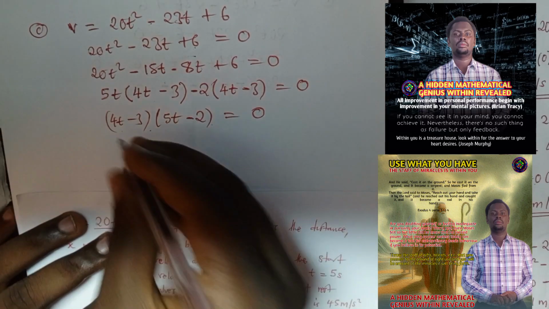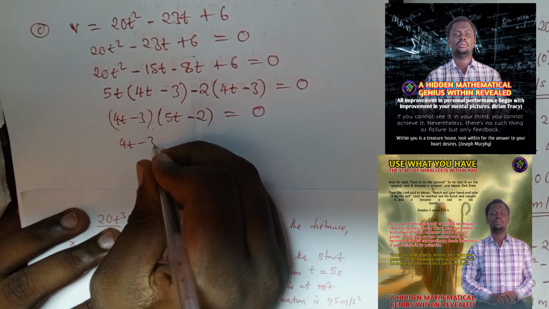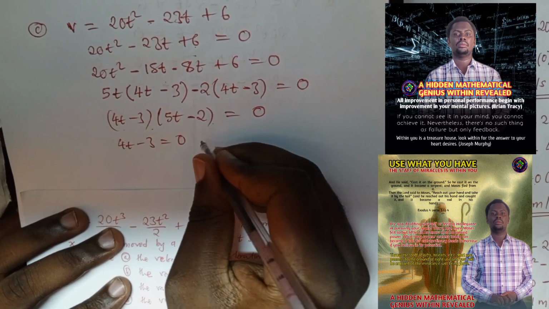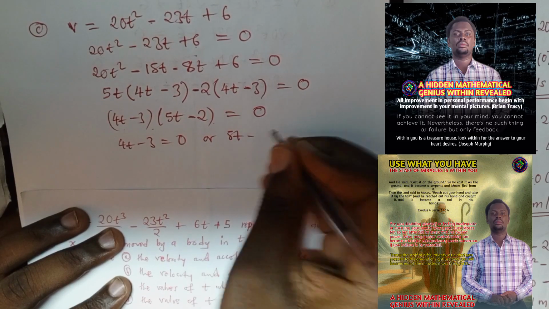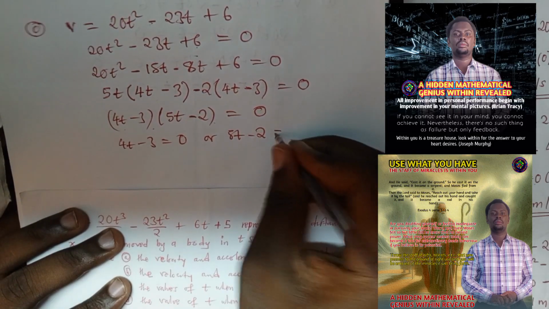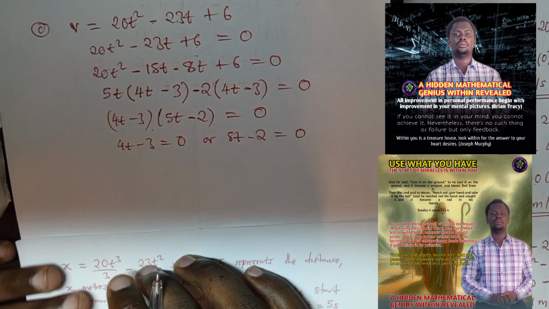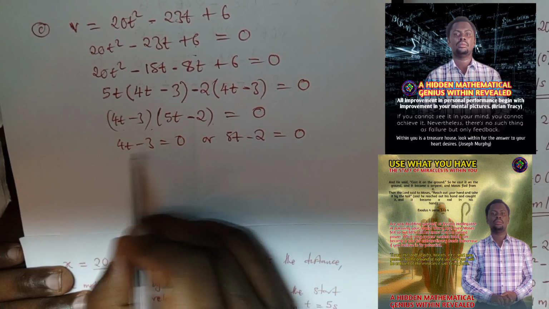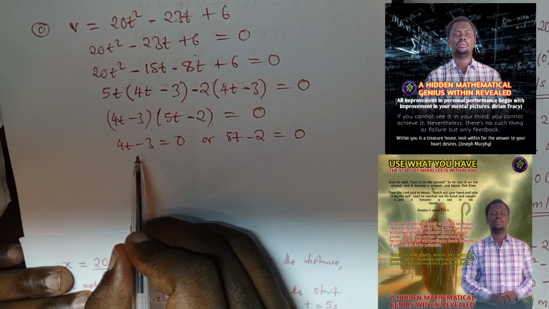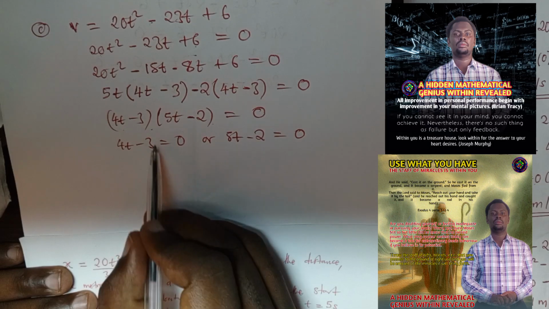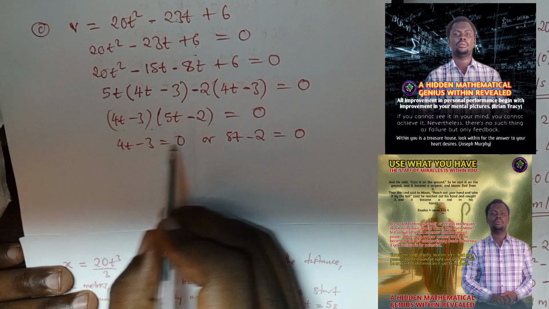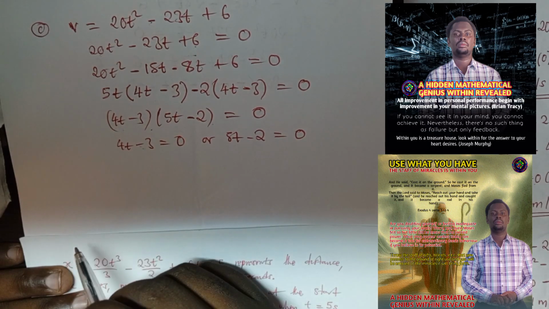So either 4t minus 3 is equal to 0, or 5t minus 2 is equal to 0. Then we solve for t. For us to remain with a term having t, we need to get rid of minus 3 by adding 3 to both sides of the equation.